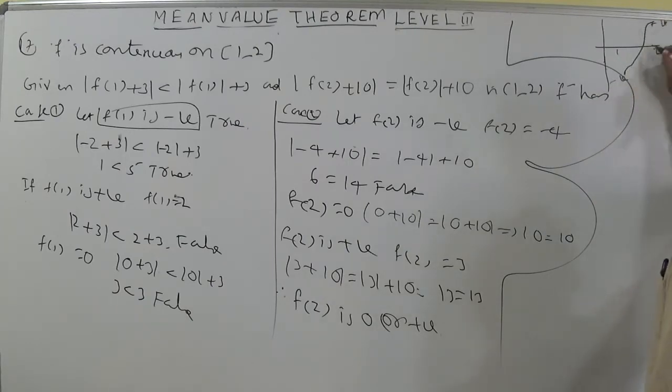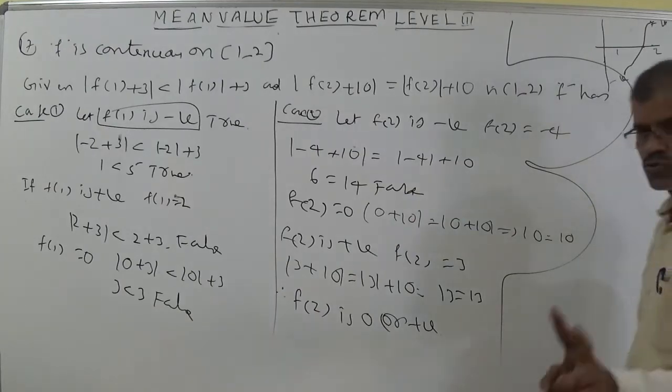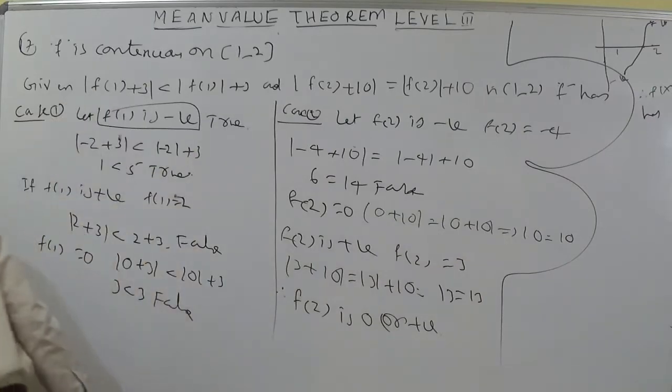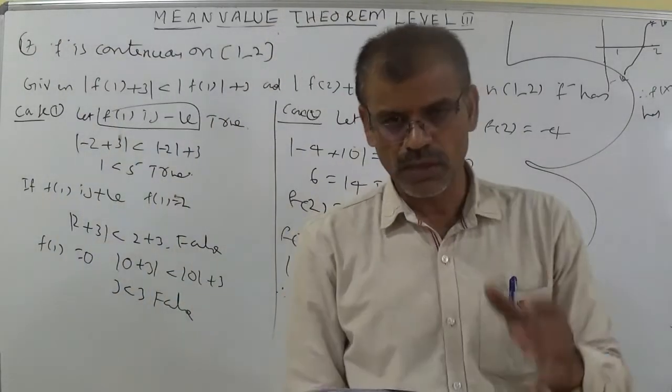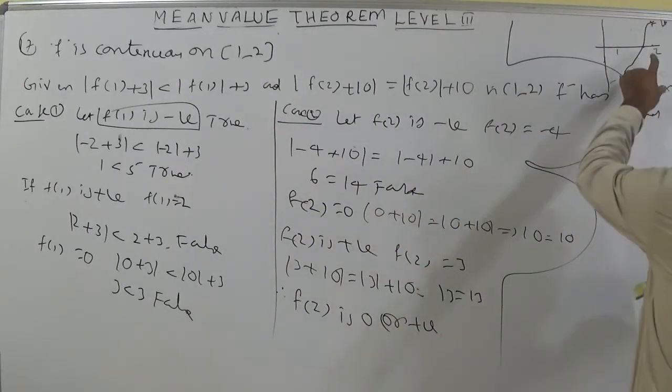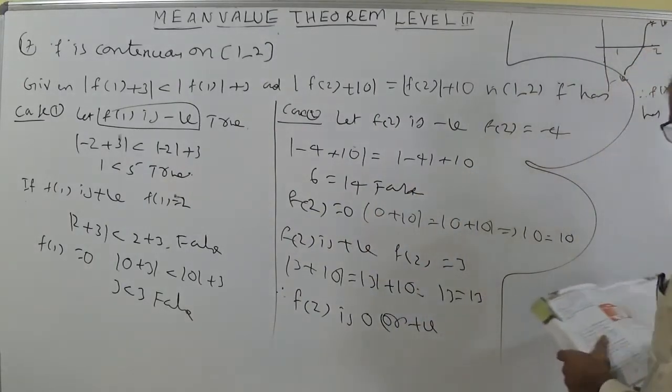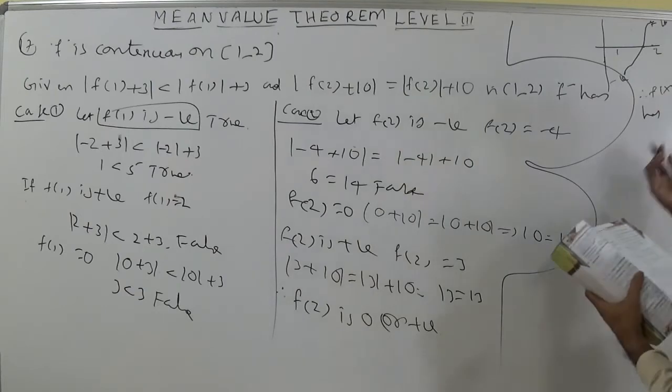Draw a graph. This is correct and this is correct. Therefore, f of x has at least 1 root, by verification of options. Maybe the x-axis is here, so it has at least 1 root, maybe 2 or anything.